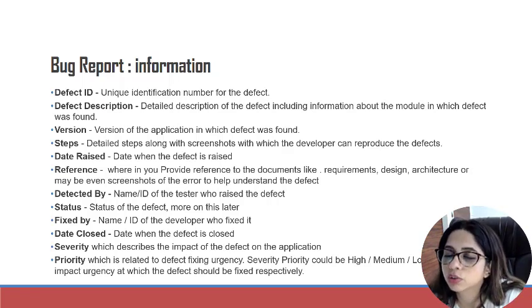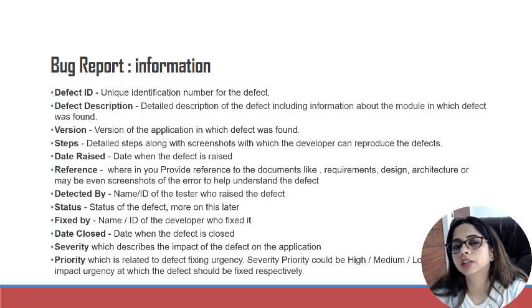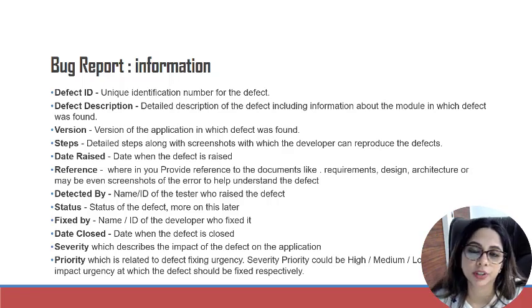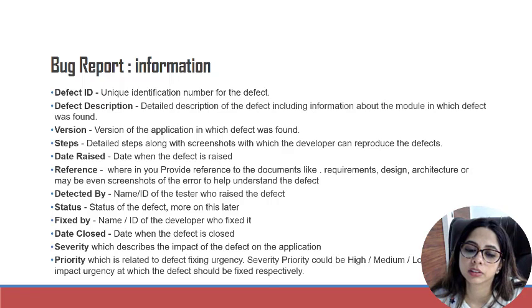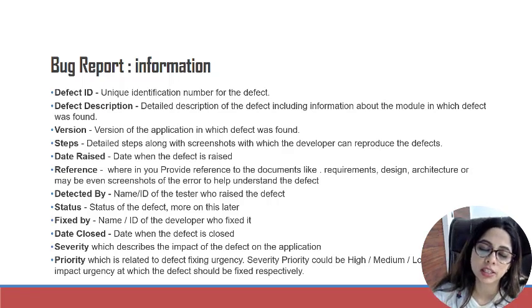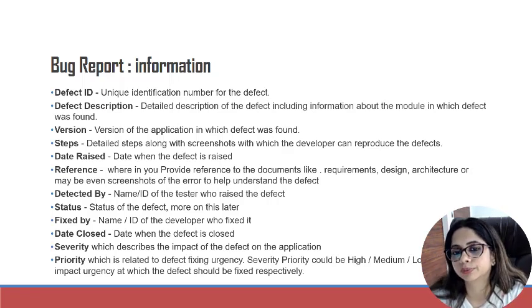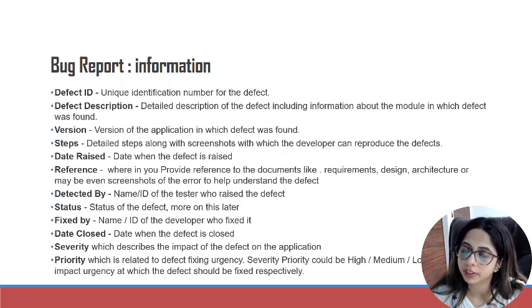Severity is related to the complexity of the issue, and priority is related to how soon the bug needs to be fixed. So how much timeline is allotted for it to be fixed is based on priority. Severity is always about criticality. So this is the bug information report, wherein we have to fill in all these details.